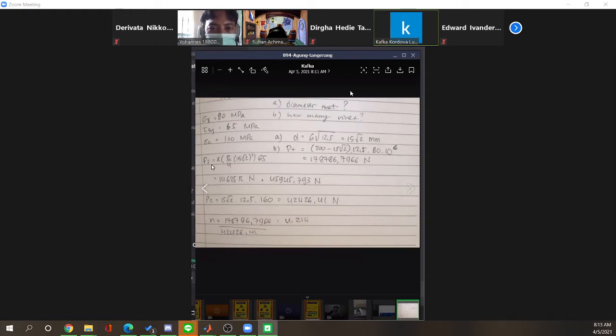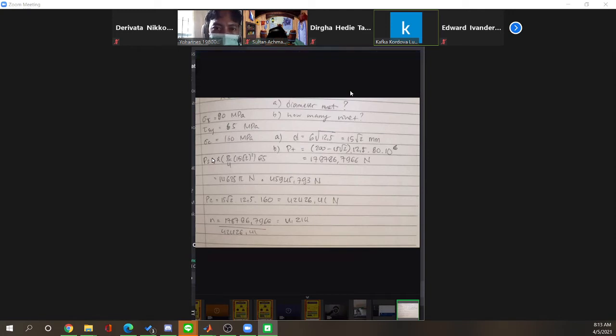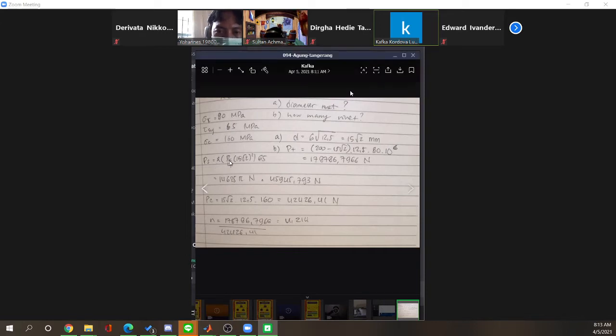And then for the shear load, the formula is 2 because it's a butt joint rivet, so 2 times pi over 4 times D squared times the shear strength of the material, and this is the number.